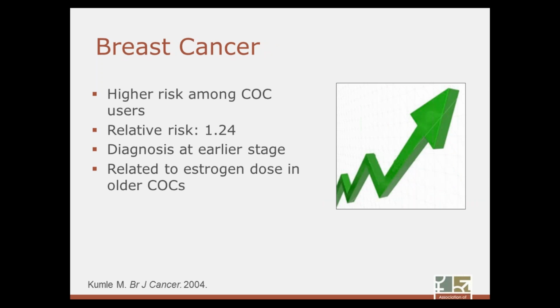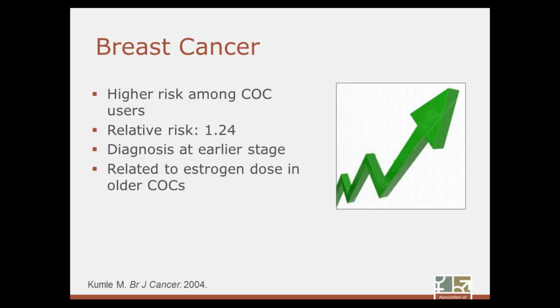What about breast cancer? So a pooled analysis of 54 studies demonstrated a higher rate of diagnosed breast cancer among combined hormonal contraceptive users than non-users. However, at 10 years after stopping, the rate was similar between the two groups. In current users, the relative risk was about 1.24, meaning that users had a risk of breast cancer that was 24% higher than non-users.